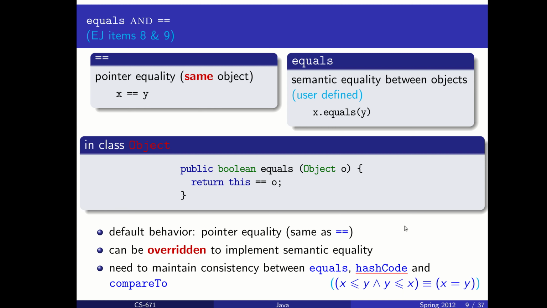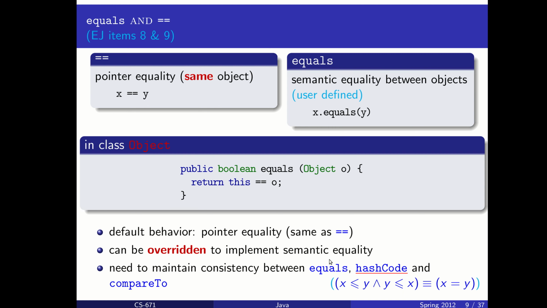The trick is there are 3 methods in Java for all objects that you want to make sure are equivalent or are matched up to each other. So they are equals, hashcode, and compareTo. For instance, you've probably seen compareTo before. It returns a negative value or a 0 or a positive value depending on whether things are less than, greater than, etc. Well, if equals returns true for 2 objects, then compareTo had better return 0.